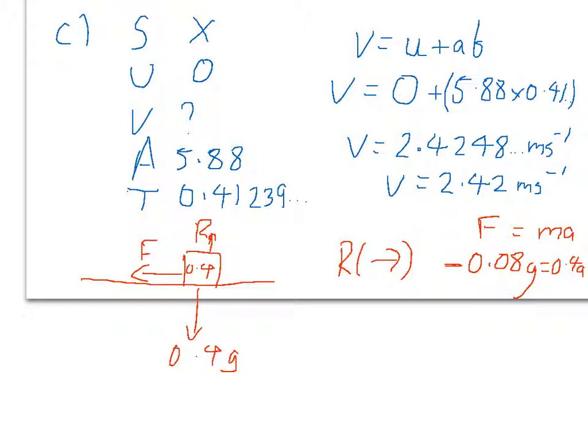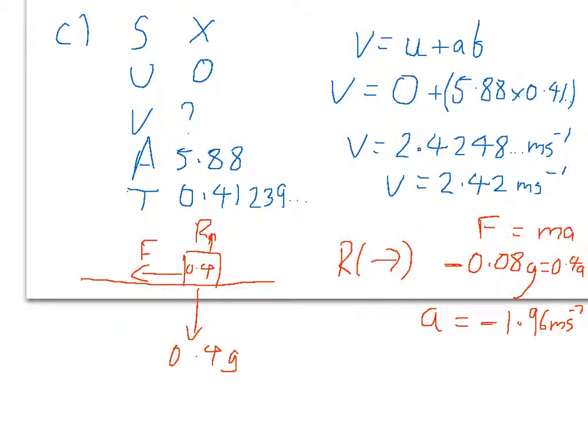If you calculate that, you'll find that the deceleration is minus 1.96. So that is what particle A is decelerating at. Now we can find the distance it's travelled in the second part, from once B has hit the floor.